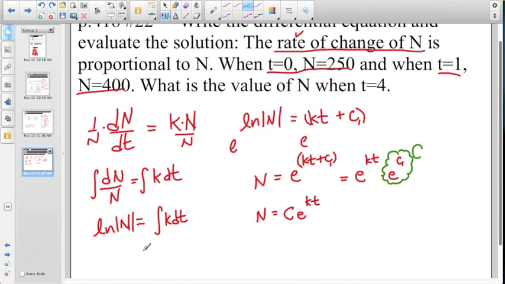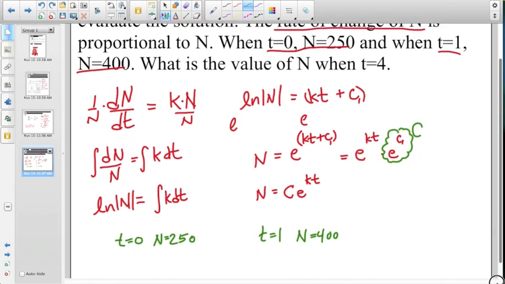So we have initial conditions of t equal to 0 and n is equal to 250. And we have an initial condition of t equal to 1 and n is equal to 400. So we have those two initial conditions, and we want to know what happens at a t of 4. So we're going to use these two situations so that we can find c and k.